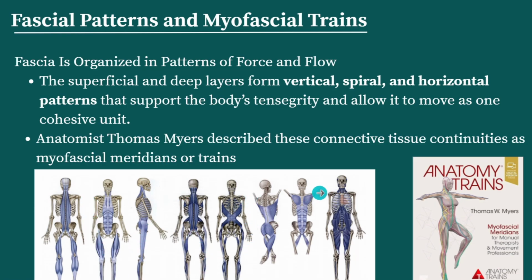He did dissections of cadavers and found these are the directions they went in. So there are superficial and deep lines of fascia that are holding our bodies upright. Vertical, also spiral, and then there are also horizontal patterns that help us to be able to move.